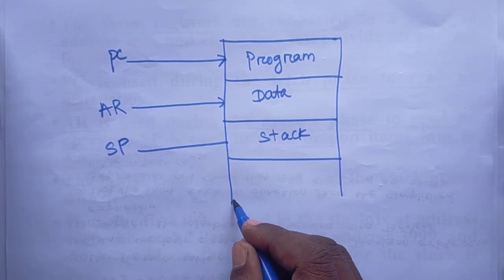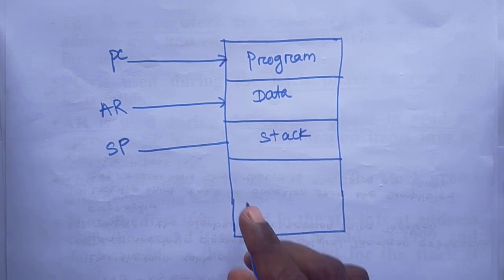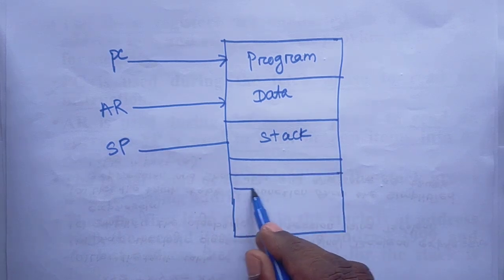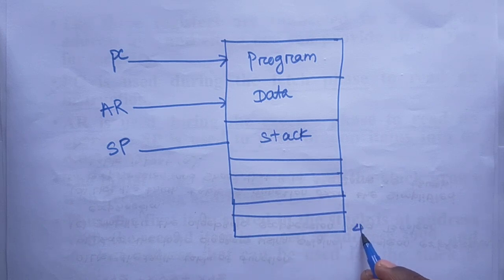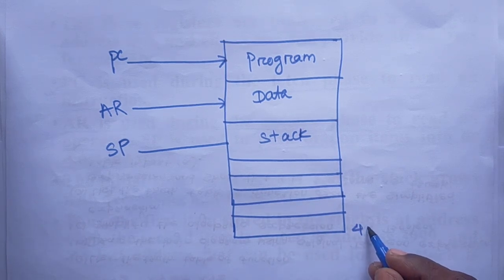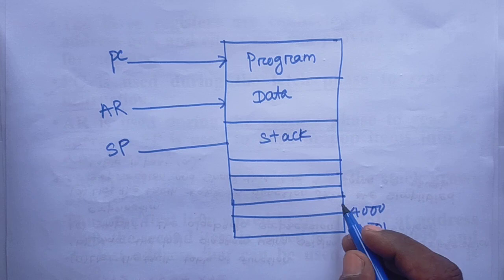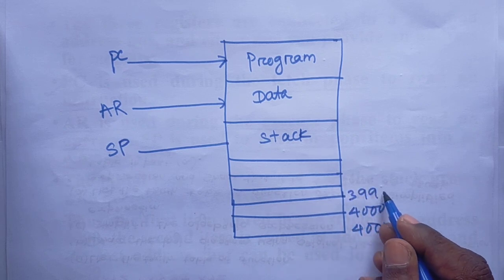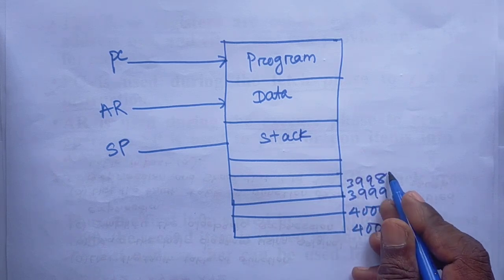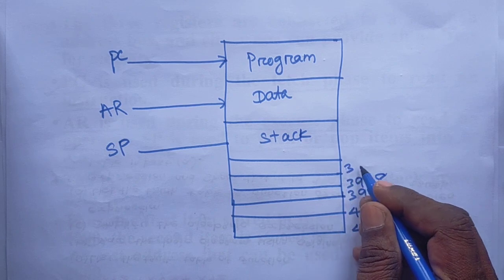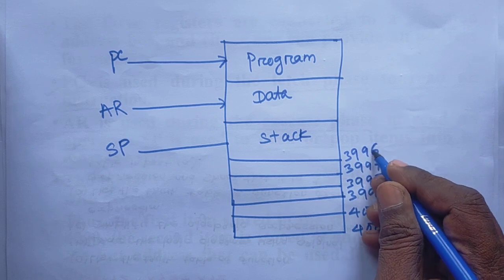After that, we can create a number of addresses; it doesn't matter, we can create them according to ourselves. Suppose these addresses are 4001, 4000, 3999, 3998, 3997, 3996, and like this.